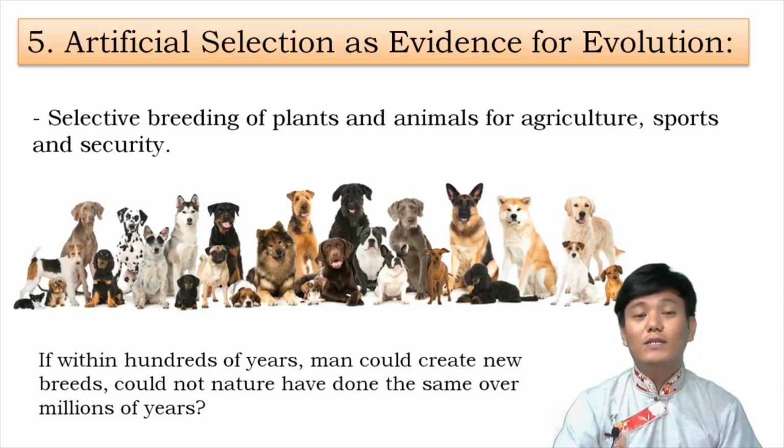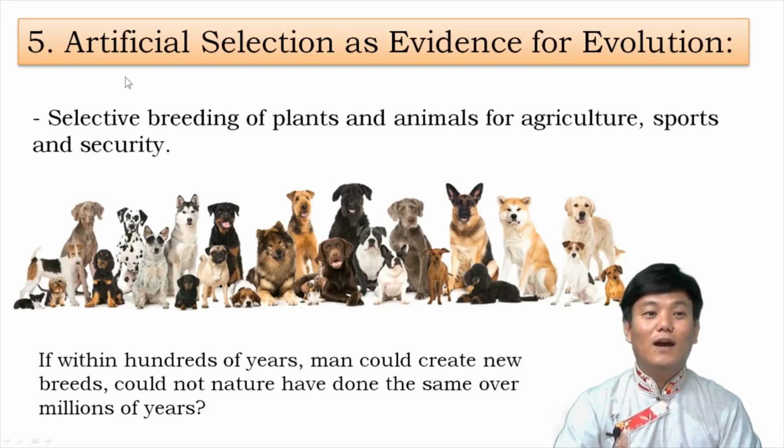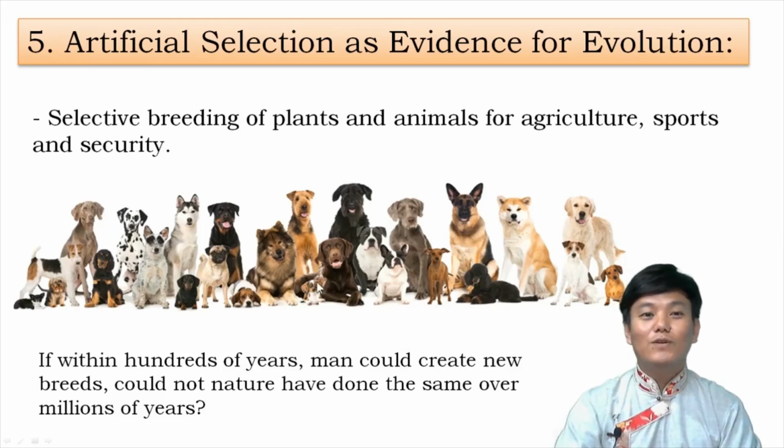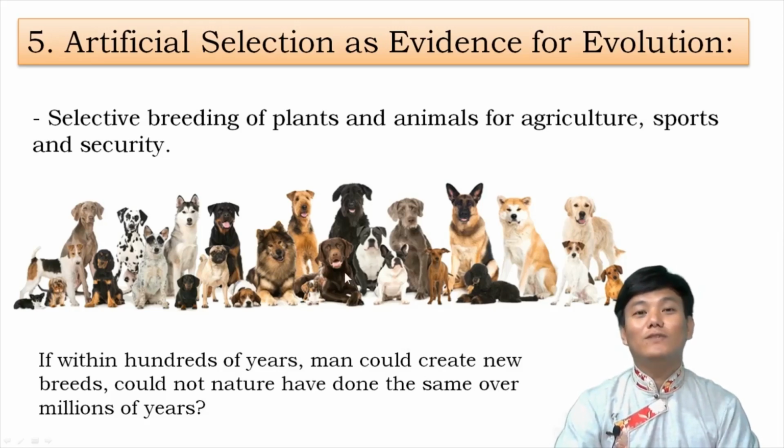If human beings can create this many breeds in a few hundred years, nature could have done the same thing in millions of years. So artificial selection acts as evidence for evolution because of this particular argument. Artificial selection is the fifth evidence for evolution.